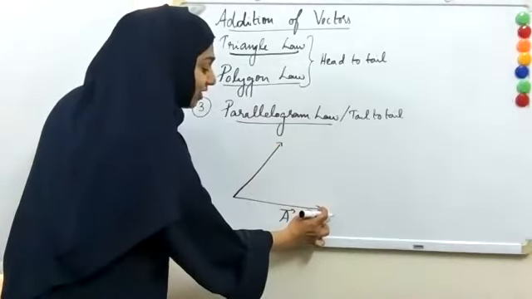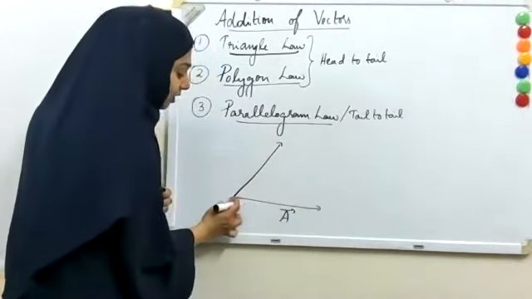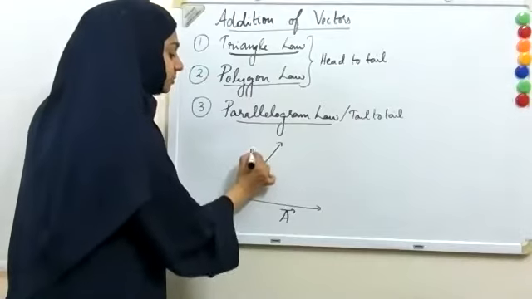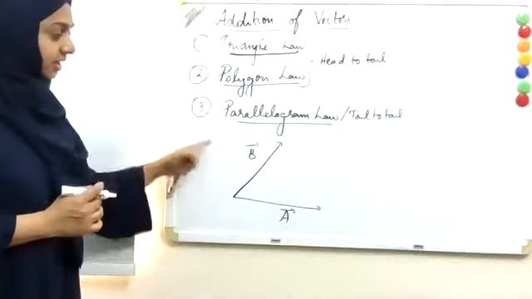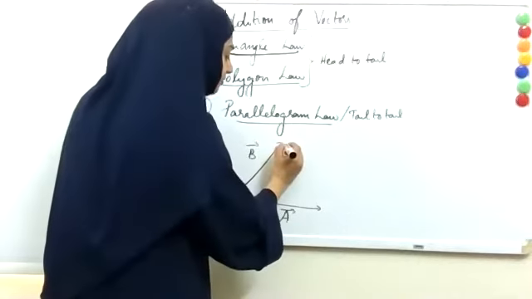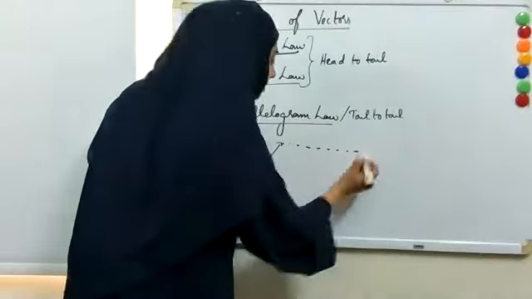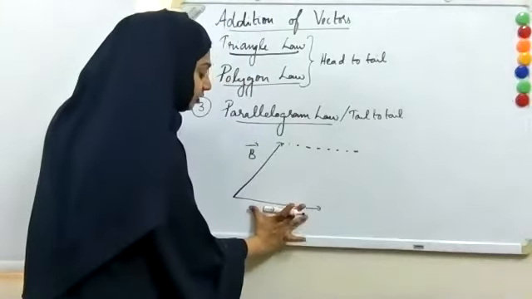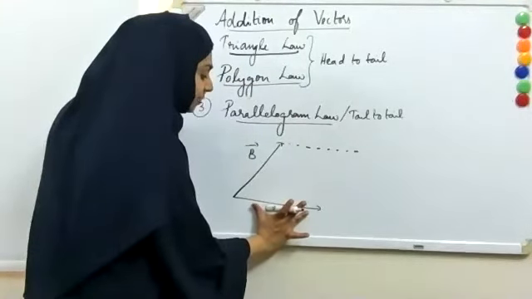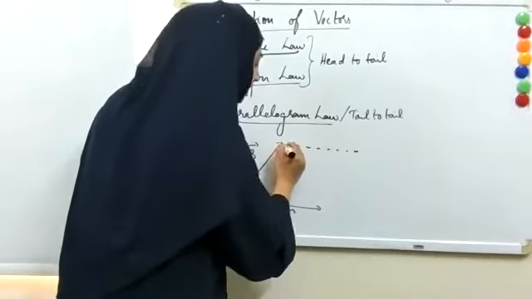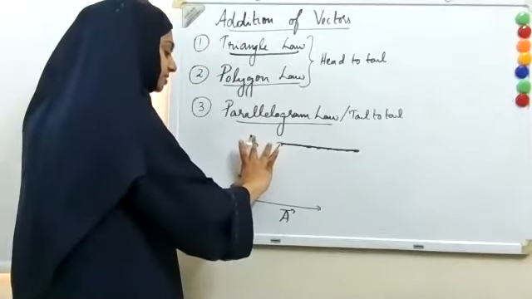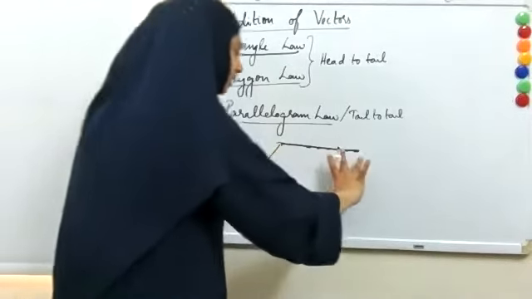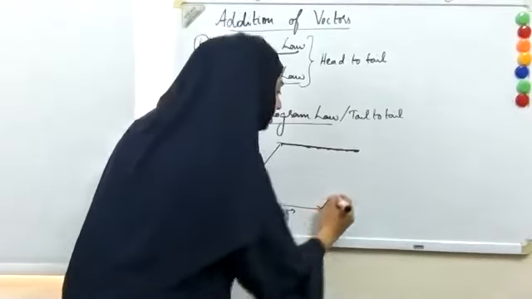See, now I'm not drawing head to tail. I'm drawing tail to tail. So this is suppose vector B. Okay. So I have a vector A and vector B. So how will I do that? I have to complete the parallelogram. For that, I will draw a vector parallel to this vector A and having the same length. So I will draw one here. Then I have to draw vector B, which is parallel and of the same length. I will draw one here.